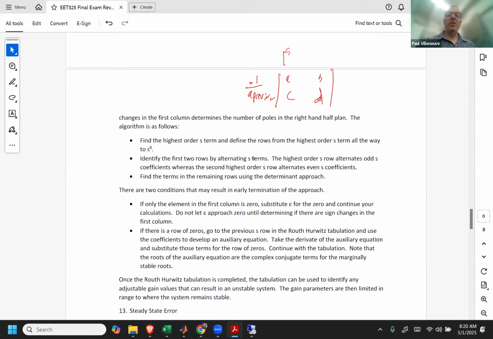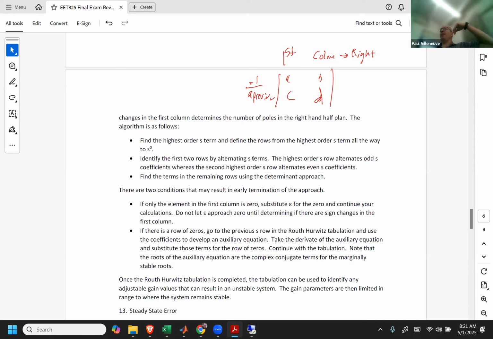This is always going to be in the first column, and this is the column to the right of the previous two rows. Okay? And that is the general form for that.